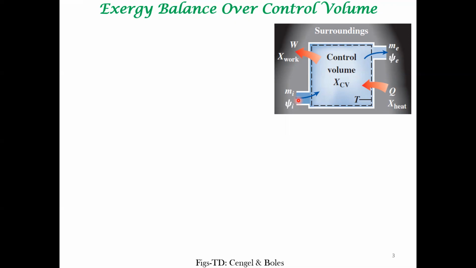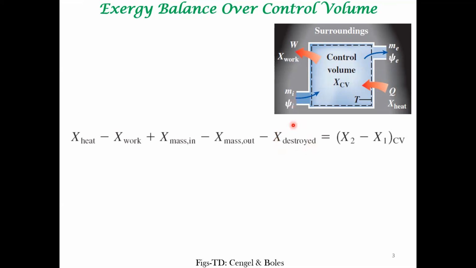Such a generation term and a destruction term is not there in conserved quantities when you think about, let's say, mass or energy conservation equations. So once you appreciate this fact that exergy is not a conserved quantity, this term becomes more acceptable. Why the need for this term becomes obvious.